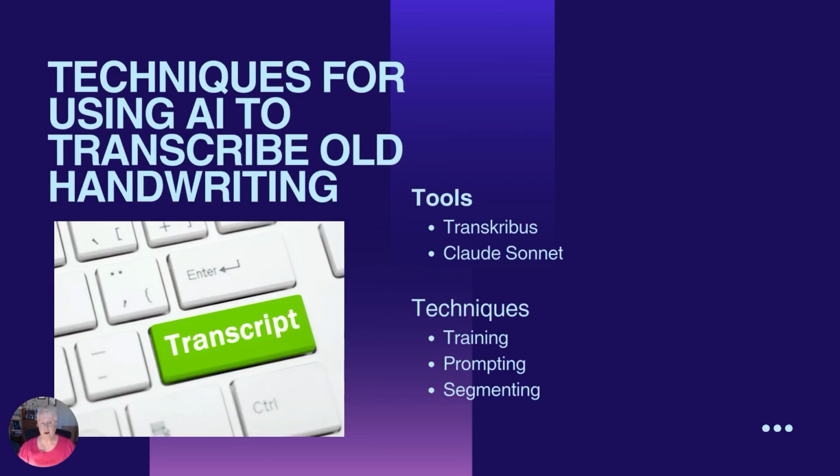Techniques for using AI to transcribe old handwriting are included here in this lesson today. There's a specialist tool that you might consider for transcribing old documents called Transkribus. However, my preference is to use an AI tool called Claude Sonnet for this task.